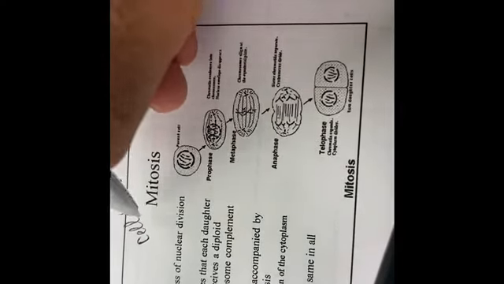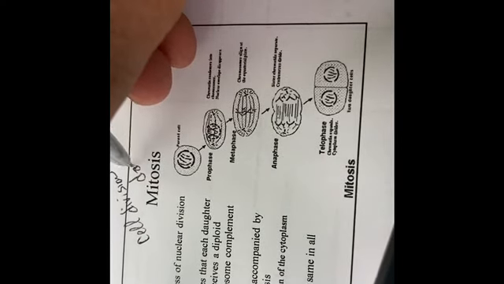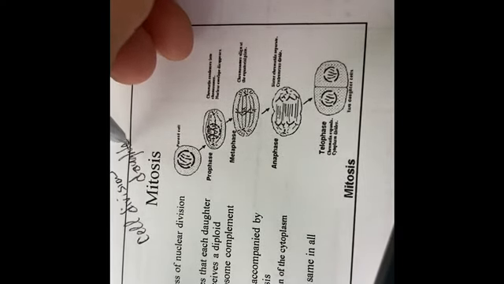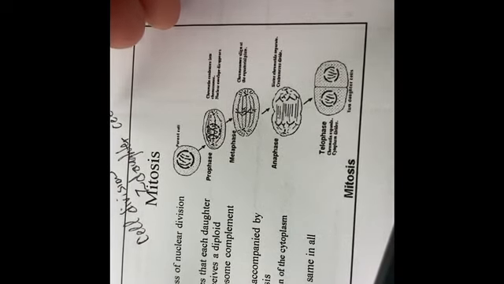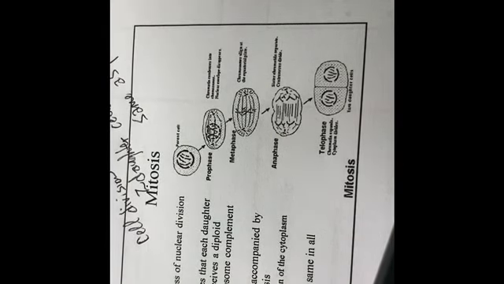That means that each of the two daughter cells is exactly the same as the parent cell. So mitosis is going to be exactly the same. It's normal cellular division that we have in terms of growth.